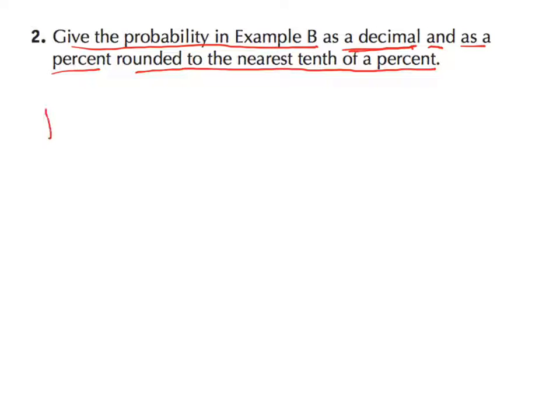So the probability of not tossing a 4 was 5/6. He wants this number as a decimal. So 5/6 as a decimal is how much? It is 0.83.